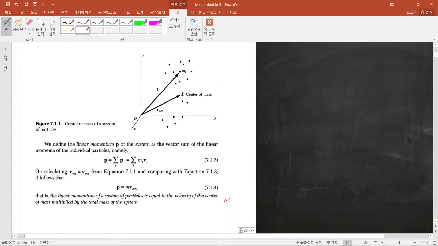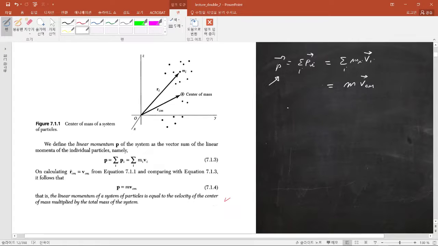Now, the total linear momentum, of course, is equal to P, the sum of all momenta, and that is given by the sum of m_i v_i. So that is the total momentum of the system, and from the previous definition, this is nothing but M v center of mass.